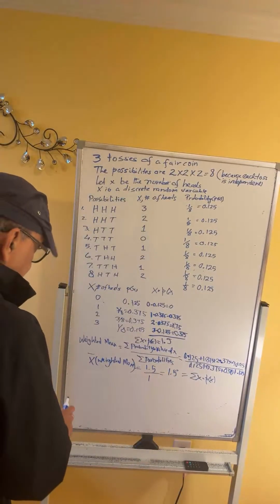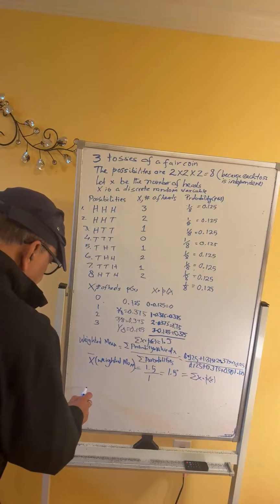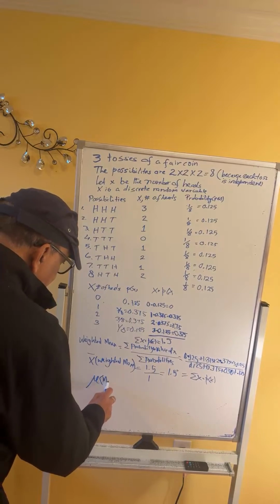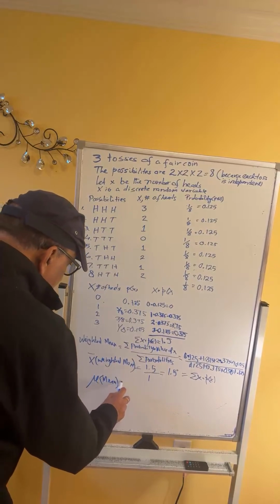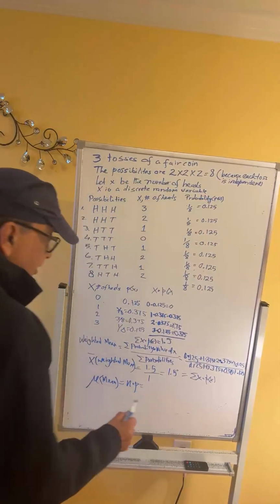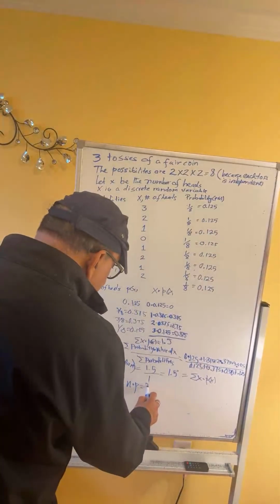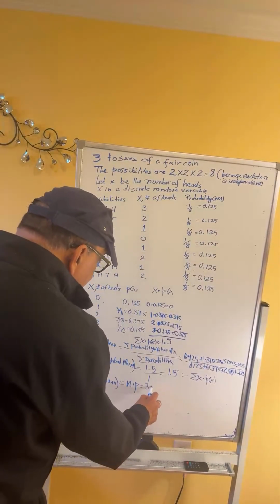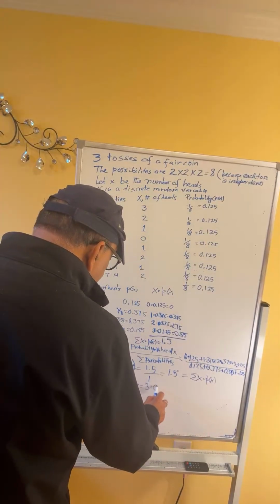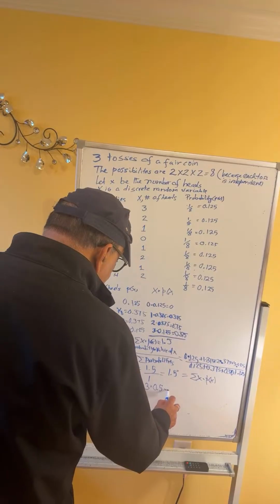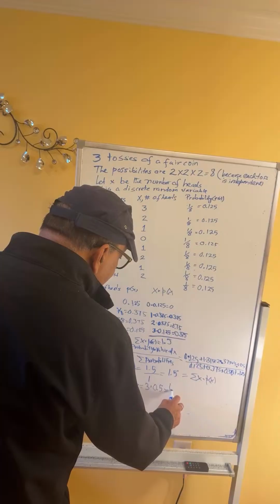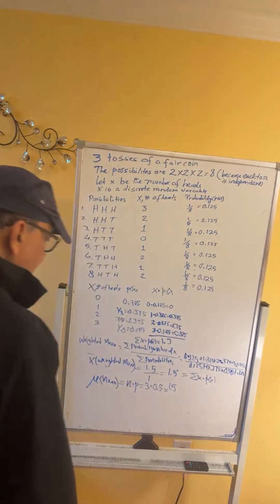Also we note that for a binomial probability distribution, the mean is n times p. Because we are tossing the coin 3 times, n is 3, times the probability of success of getting a head in each trial, 0.5. 3 multiplied by 0.5 is also 1.5.